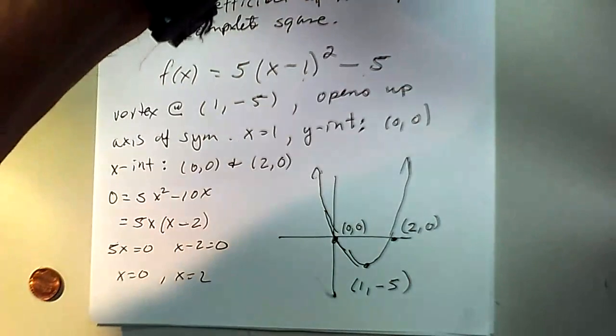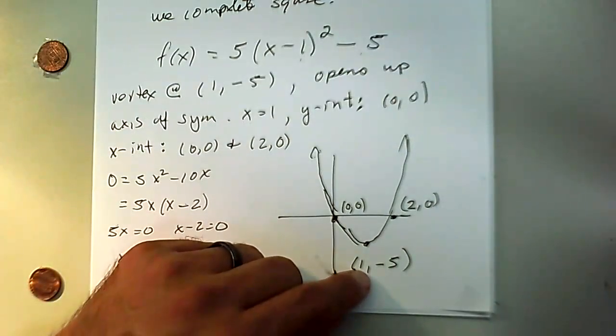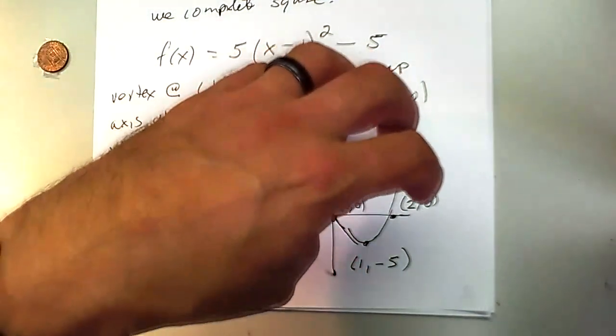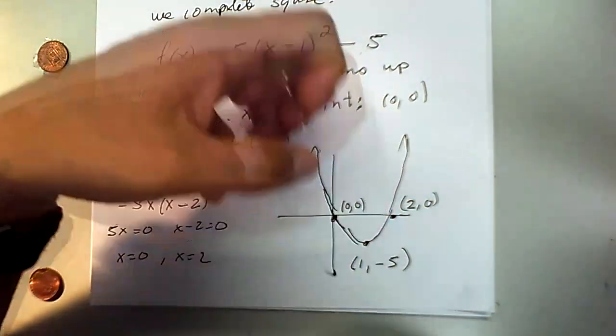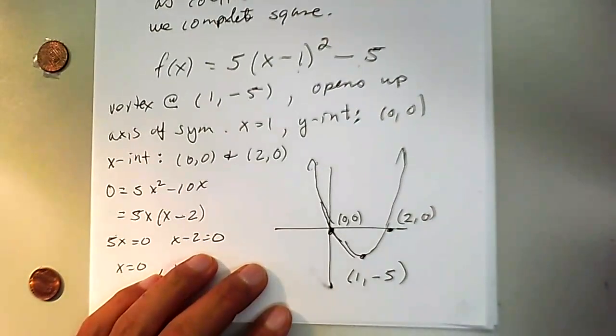It stretches the graph vertically, a vertical stretch, which makes the graph look more narrow. It isn't that the graph is narrow, it is that the stretch makes it look more narrow. So that's how it goes.